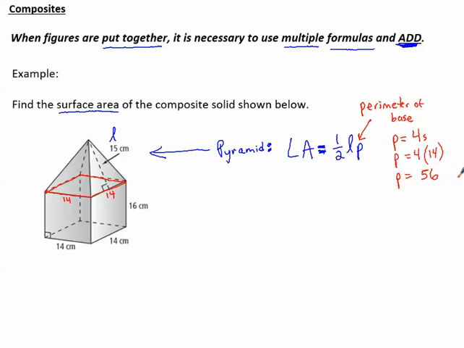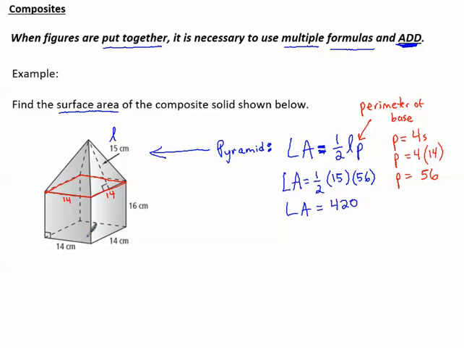Now we can plug all of that information into our lateral area formula. So LA equals 1/2 L, which we see from the picture, 15, and P that we just computed, 56. That makes the lateral area for the pyramid 420.